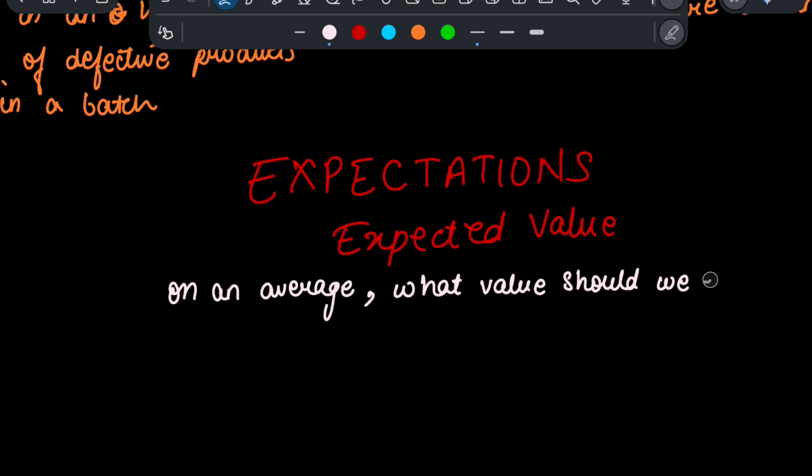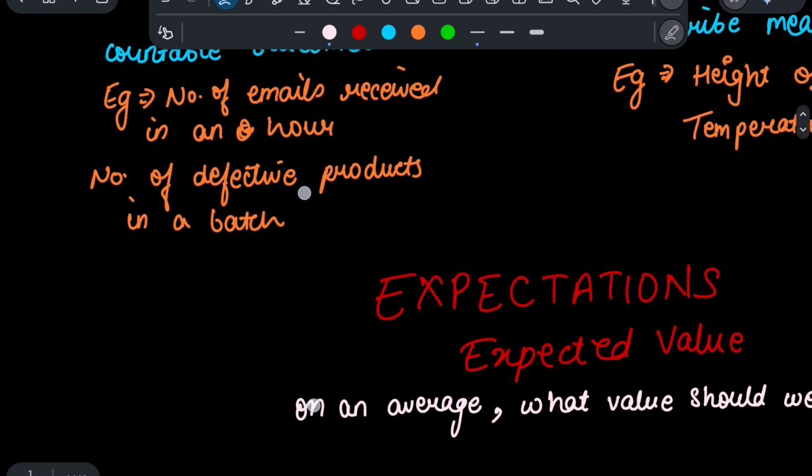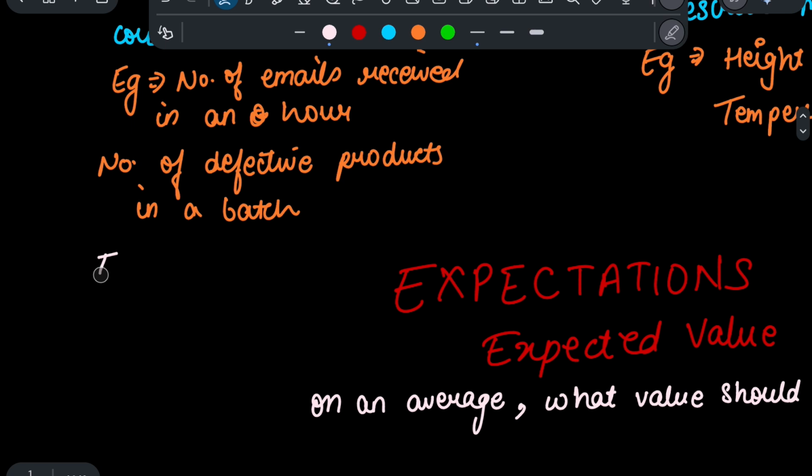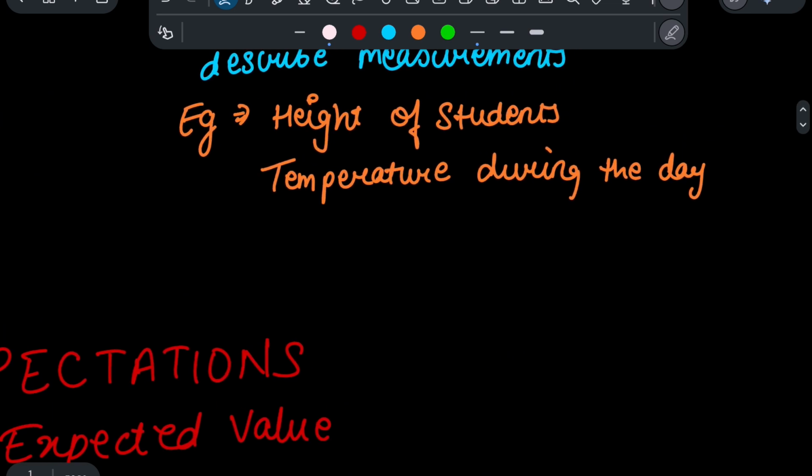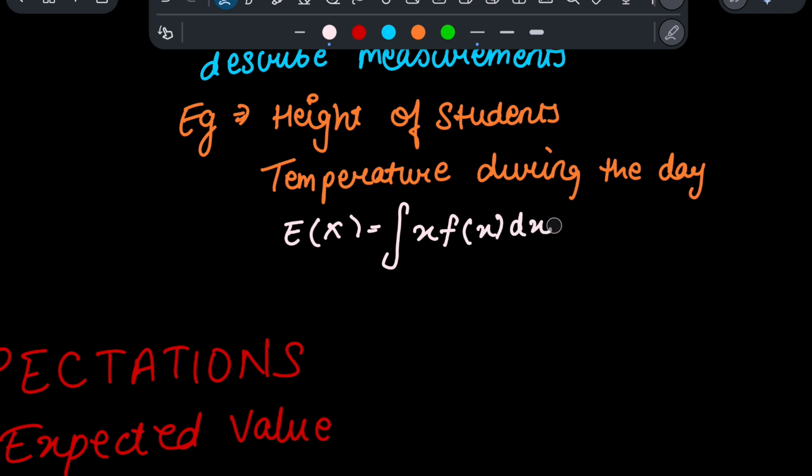So the expected value for a discrete random variable: the formula says the expectation of x is equal to the summation of x multiplied by the probability of x. And the formula for the expected value of a continuous random variable is the expectation of x equals the integration of x times f(x), where f(x) is the probability density function.